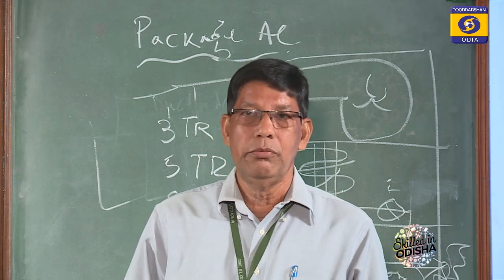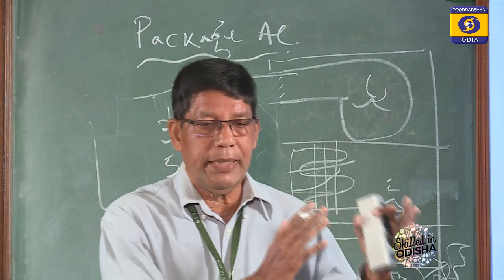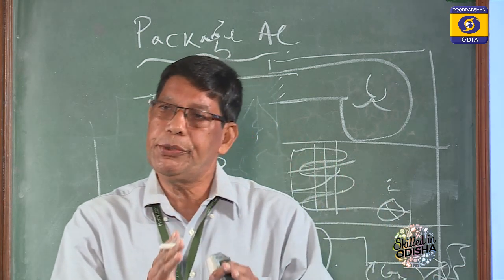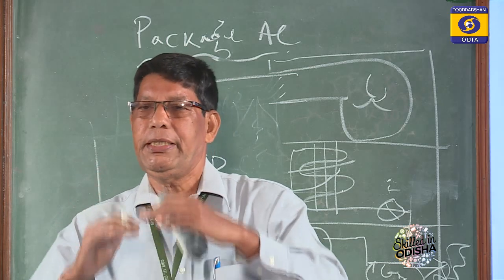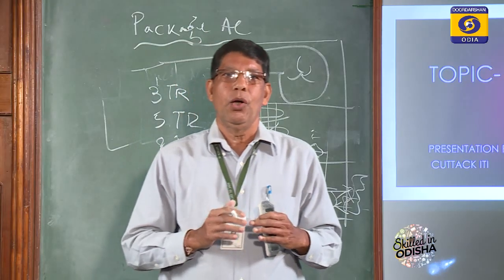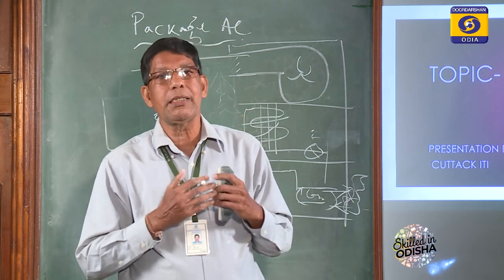Now we know what package AC is, what the parts used in package AC are, what the 3 components, 3 layers are. Then we will see the troubles. What are the troubles?